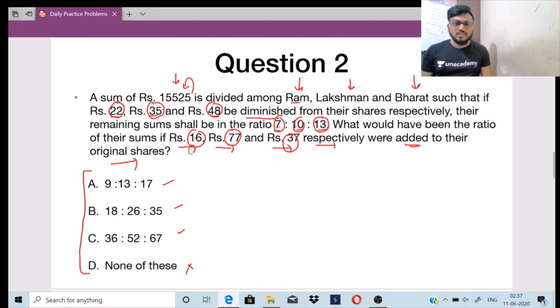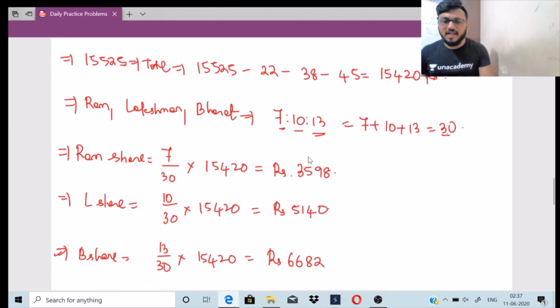Go back to the question. They have told you have to add all these three back along with these three to their perfect ratios, right? So 22 and 16 will be for Ram, 35 and 77 for Lakshman, 48 and 37 for Bharat. Let's add this back.